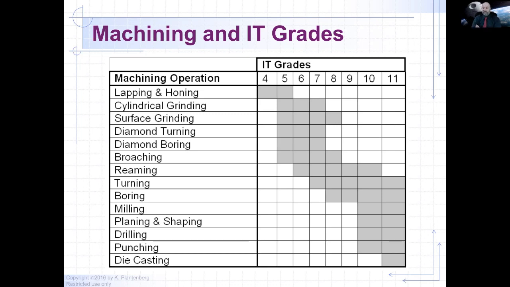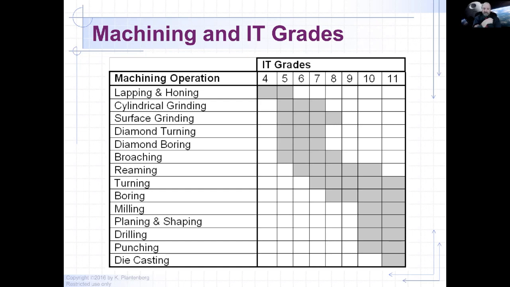And then all the way at the top is lapping and honing. That's when you polish something to a very fine tolerance, like when you're making a mirror or a lens for a telescope. That's where you would lap and hone things. And then you've got everything in between. Turning is the turning of the part on a lathe.